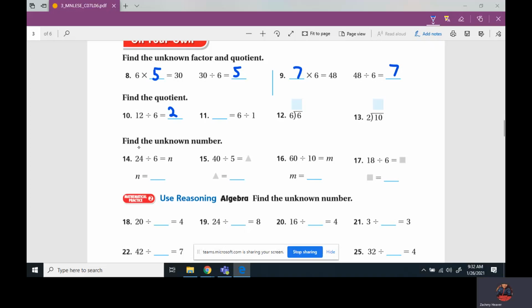Skip count 1. Yes. Quickly. But you got to come back and get caught up. Adelie, 6 divided by 6 is? Jack, 10 divided by 2? Good. Willow, 24 divided by 6 equals n. What is your n going to equal?